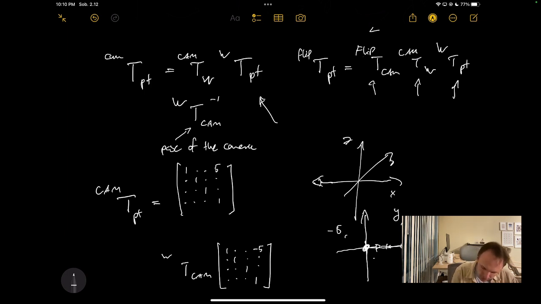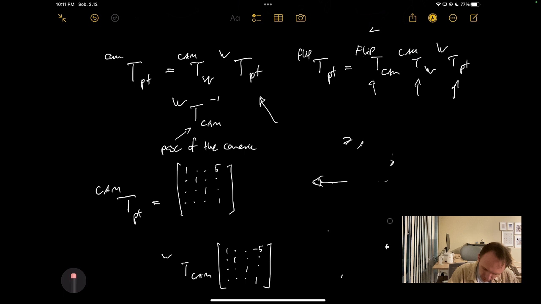So camera was at -5 away from the old coordinate system, which was here, and then the beginning of the old world is +5 along x in the new world, right? So it all makes sense, and also it happens to be the inverse of this matrix. So it's nice. It makes both mathematical sense and intuitive sense.